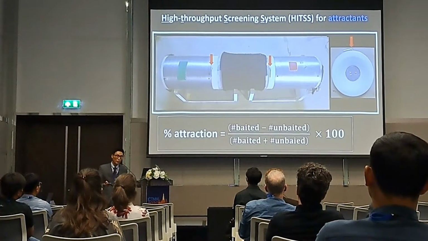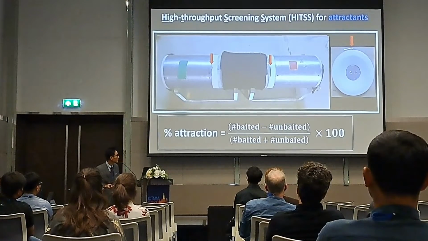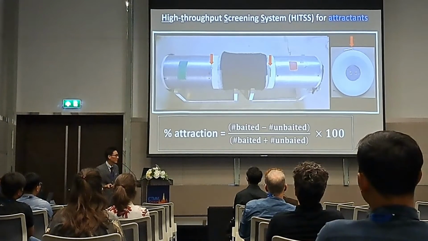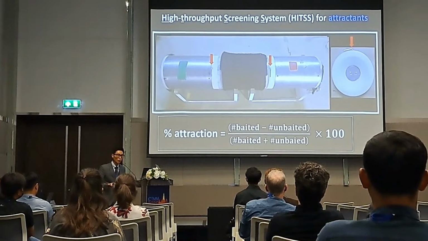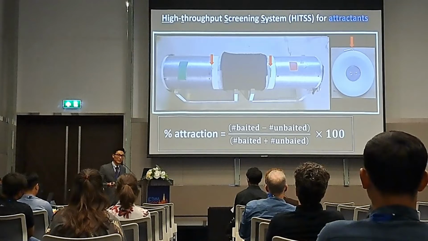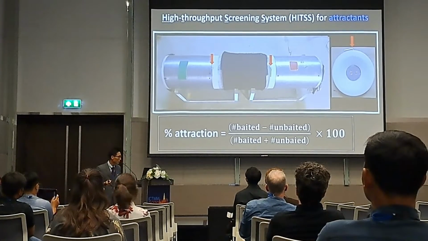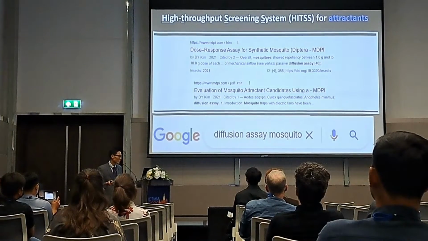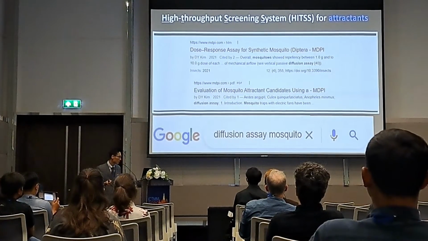Then we can calculate the percent attraction according to the numbers from each chamber. So we found that this device can screen lure candidates, and we also optimized the amount using a commercial product. You can Google the published papers using the keyword diffusion assay for mosquitoes.